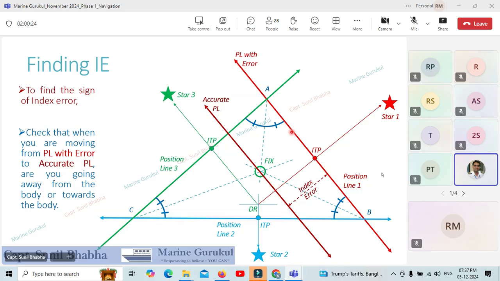Which body are we talking of here? We are talking of the celestial body which was used to obtain the position line.